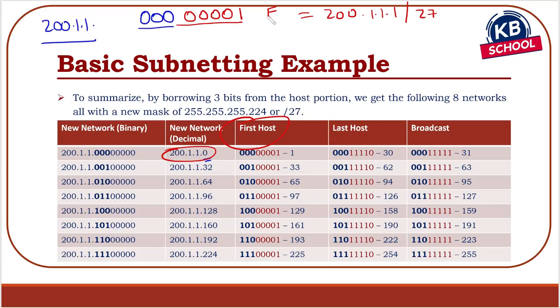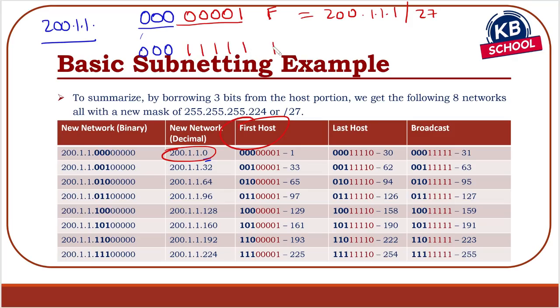So I need to write my first usable host. The other thing that I also want to write is the broadcast address on that network. My broadcast address on this particular network, the network being 000, would be all my host bits turned to 1. So all my host bits turned to 1 is my broadcast address. That is 000 11111. This is 16 plus 8, which is 24, plus 4, 28, plus 2, 30, plus 1, 31.